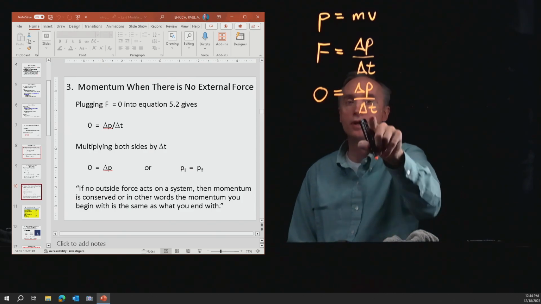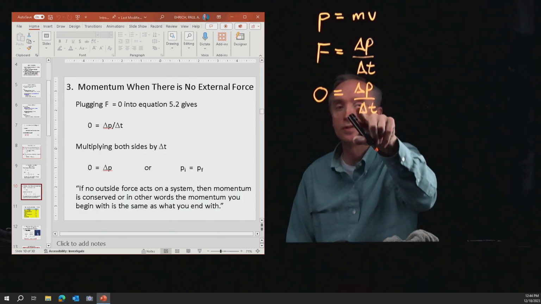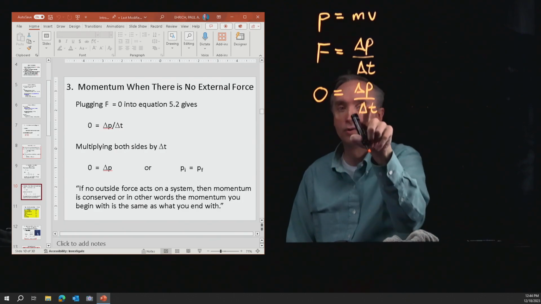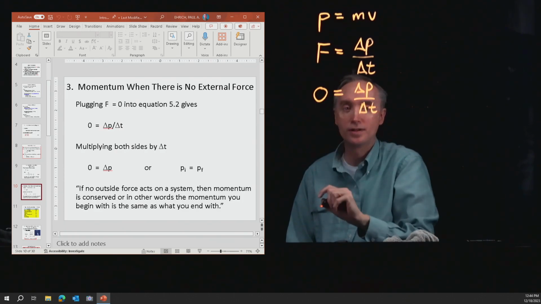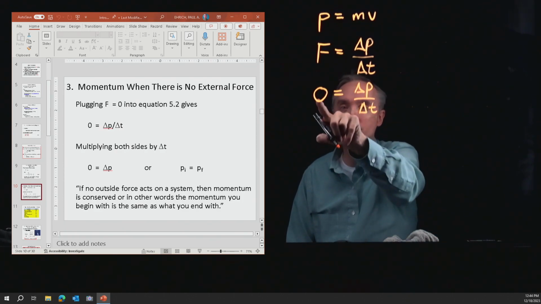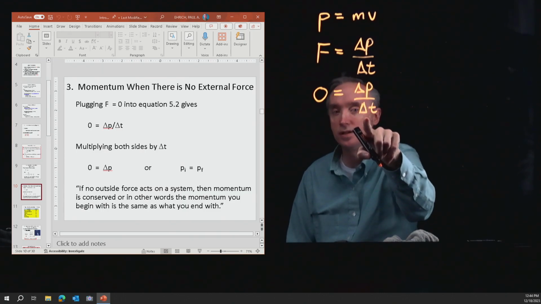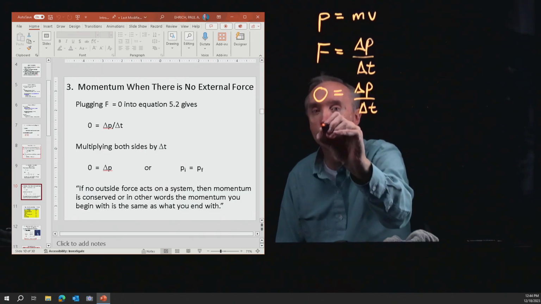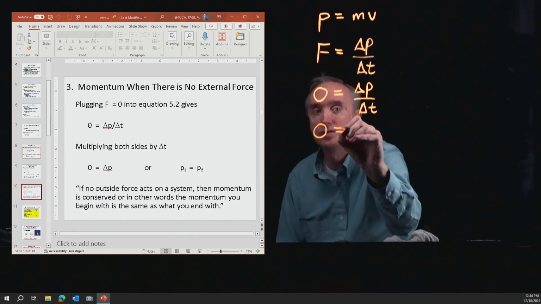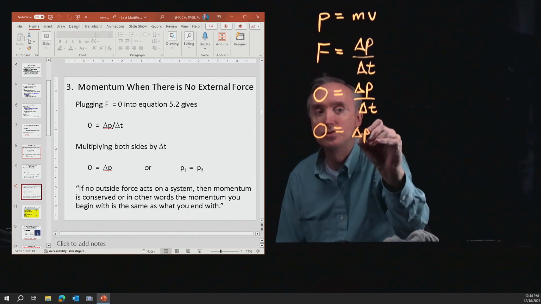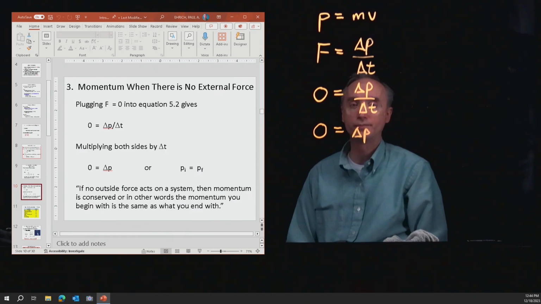Okay, now as long as the change in time is not 0, we can multiply both sides of the equation by delta t, and 0 times delta t is still going to be 0. So we're going to end up with 0 is equal to the change in momentum of the system.